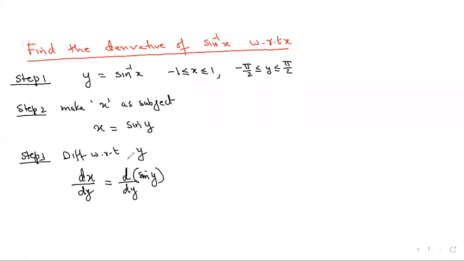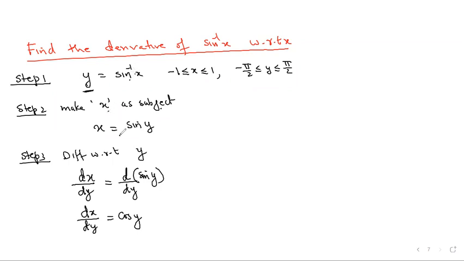Is it fine with everybody? I'm differentiating with respect to y. So dx by dy is how much? Cos y. Derivative of sine y with respect to y is cos y. But I don't want dx by dy. I want the derivative of y. So first step once again: Step 1, we wrote y is sine inverse x, and my aim was to find dy by dx.